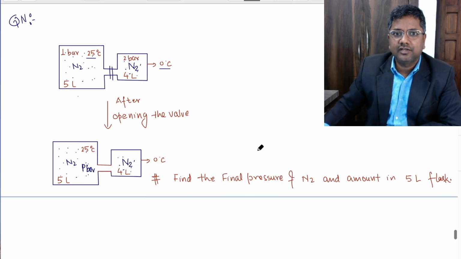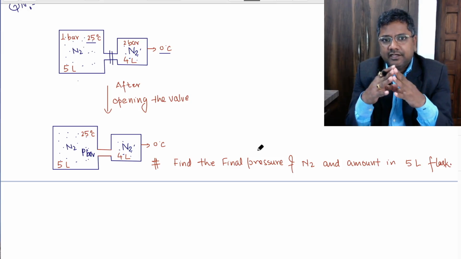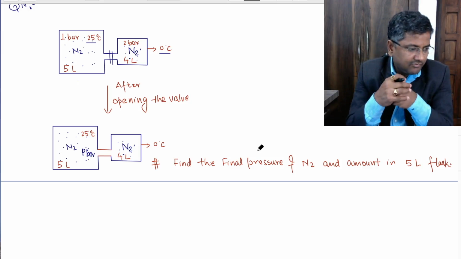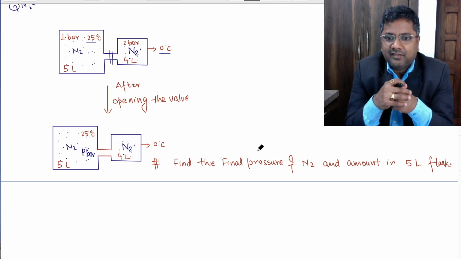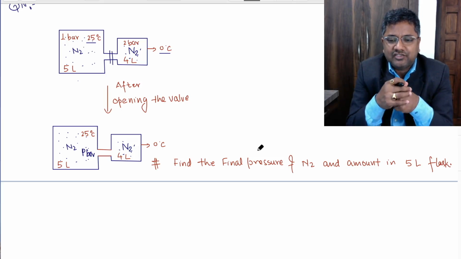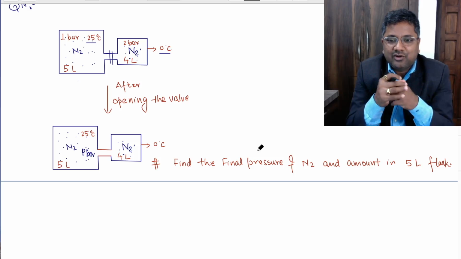Okay, so let's see how to proceed. In terms of volume, pressure, temperature and number of moles, the most faithful variable is the moles, because it will not change with change in pressure, temperature, or volume.